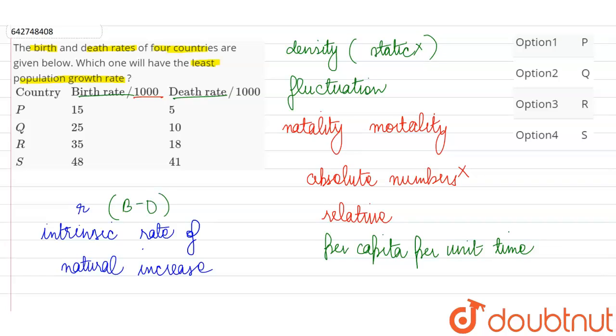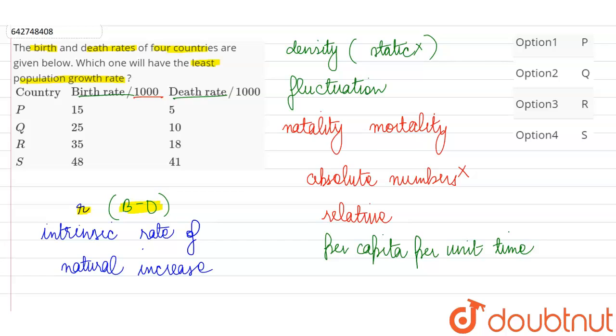B minus D will give us R, and if R is more, then population is going to increase rapidly. If R is less, then population growth will not be that much. So the growth in population density will be in accordance with R. So we are going to find out for which of these countries, P, Q, R and S, B minus D is coming out to be the least.